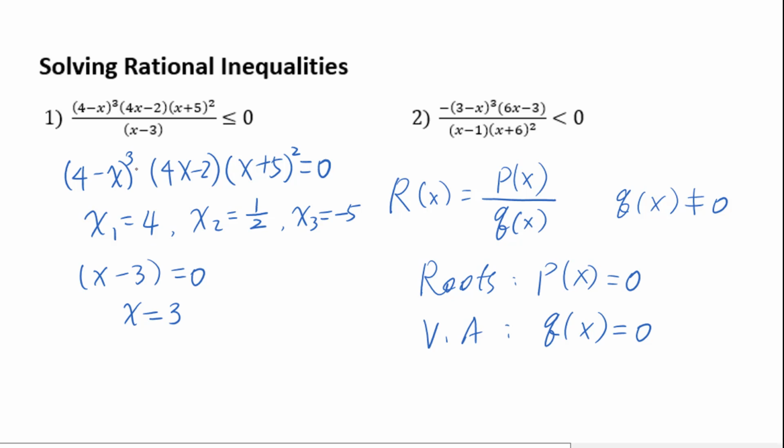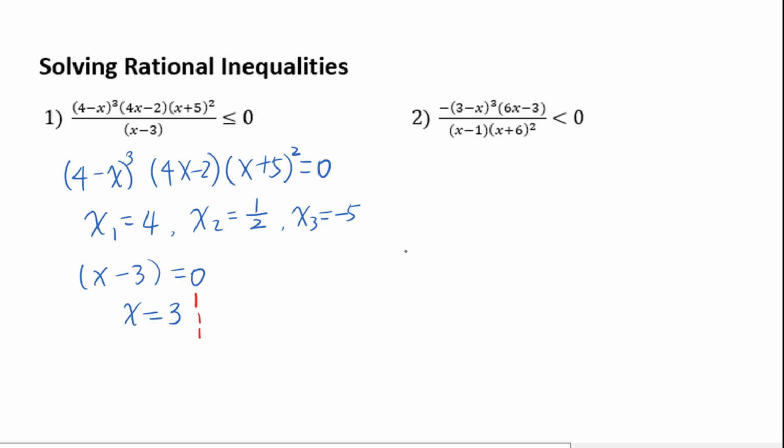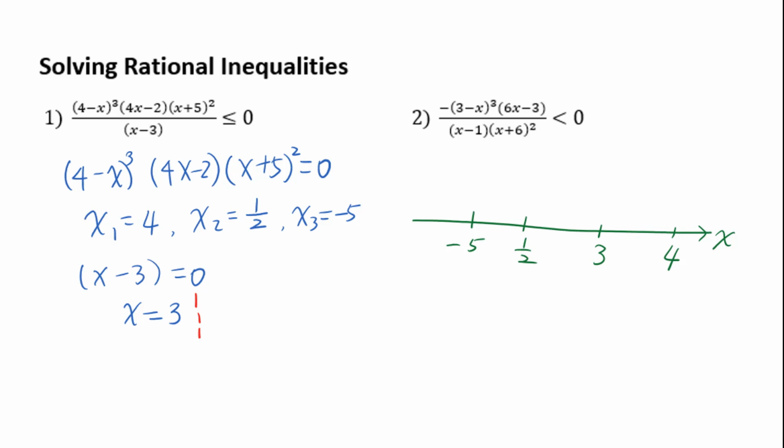This will be the vertical asymptote line. Now let's draw the x-axis. You have negative 5, 1 over 2, 3, and 4. Since x equals 3 is a vertical asymptote line, let's draw this vertical asymptote line.